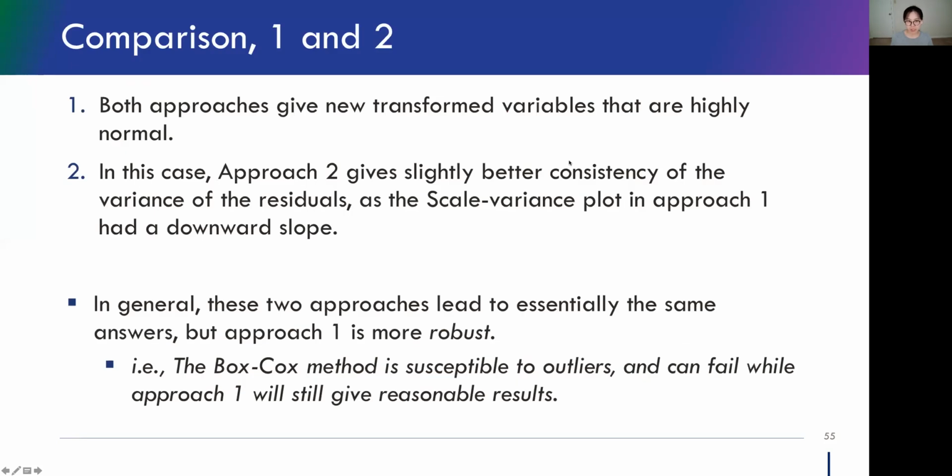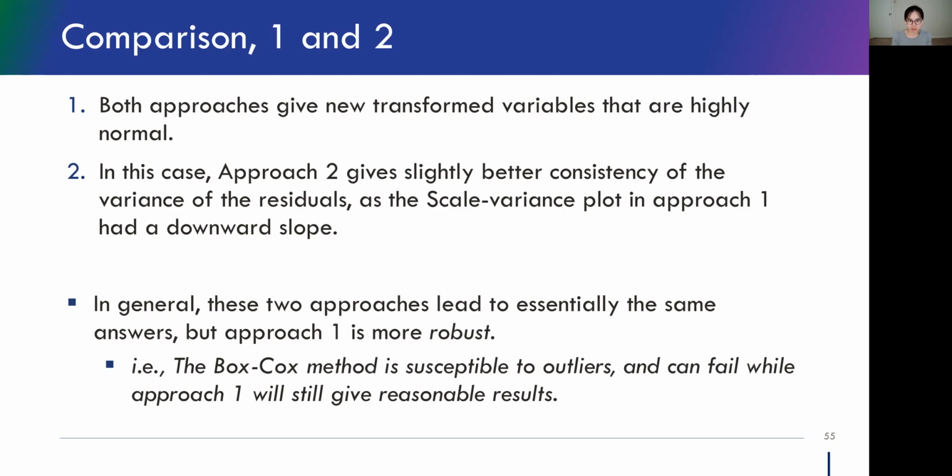If we compare approach 1 and 2, we see that both approaches give transformed variables that are highly normal. In this case, approach 2 gives slightly better consistency of the variance of the residuals, while approach 1 had a more obvious downward slope.